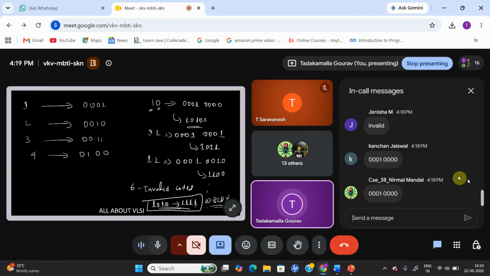So if you want to represent 11, you need a total of 8 bits in BCD representation. That is a disadvantage. If you want to represent a higher value, you need more bits. So that is a small disadvantage we have with BCD. Is it clear for everyone? Any doubts or any queries over here?